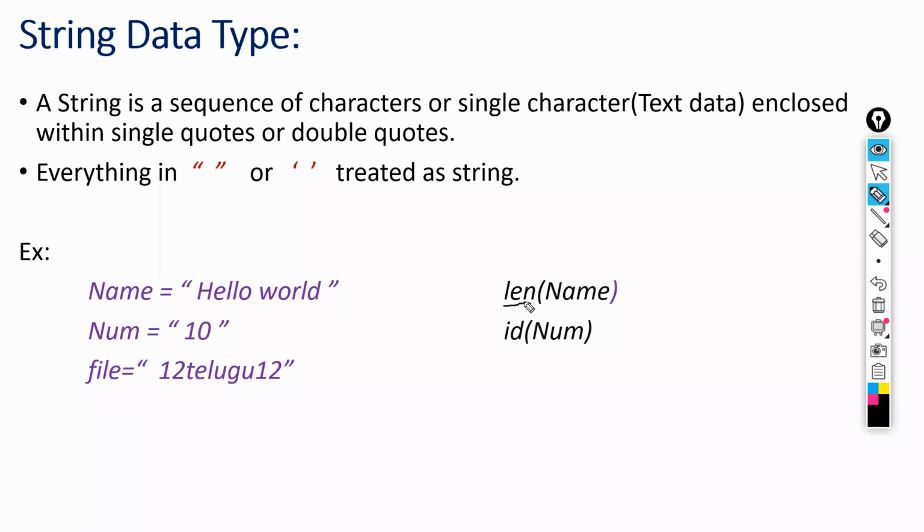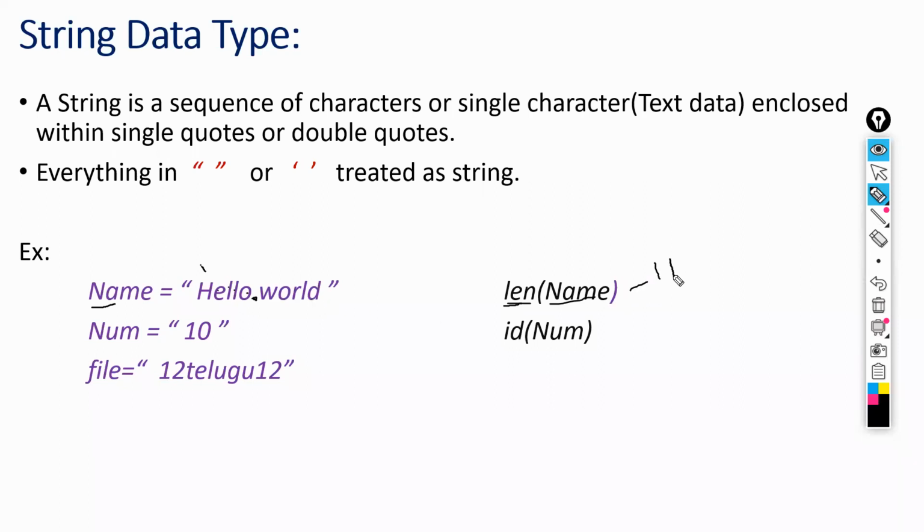Now, if I want to find the length of name, this value, I want to count the number of characters in that particular name. So I can use the length function. The output is 1, 2, 3, 4, 5. Space is also treated as a character. 1, 2, 3, 4, 5, 6, 7, 8, 9, 10, 11.